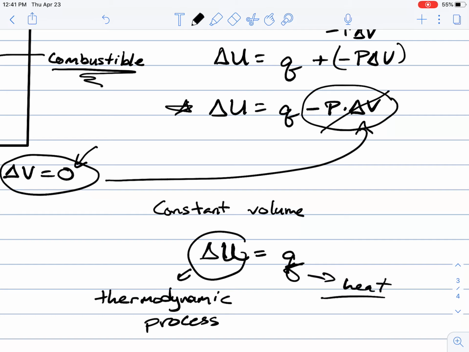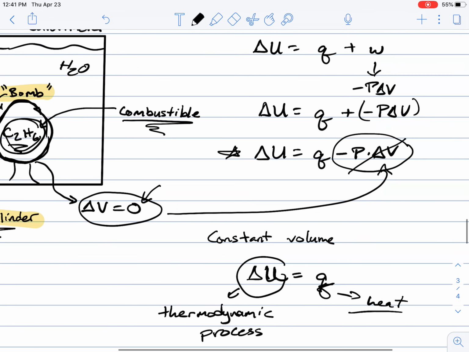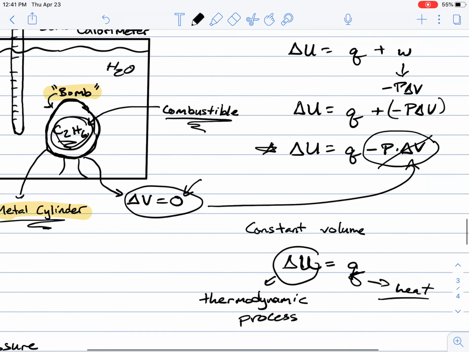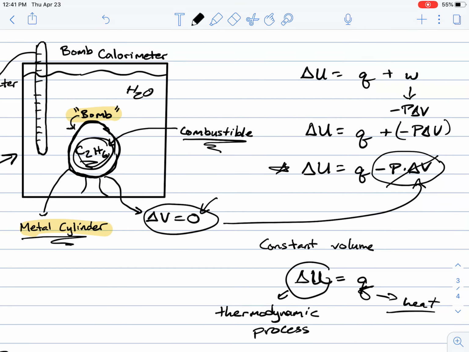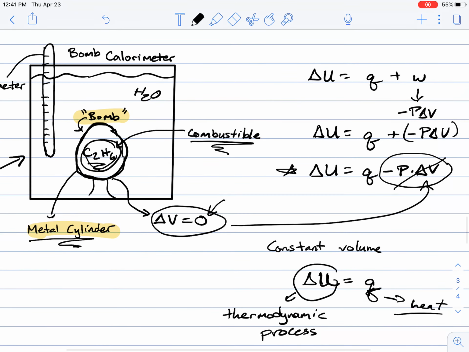Okay. And this is really cool because now we can physically calculate the change in internal energy and get an understanding of the thermodynamic process if we can somehow calculate Q, or heat.